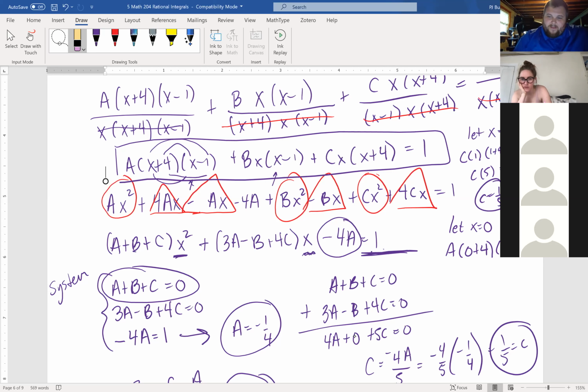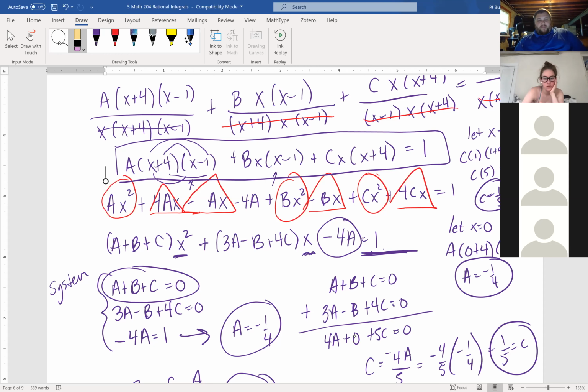So that's going to be negative 4A equals 1, or A equals minus 1/4. And then the last one would be let X equal negative 4. That'll eliminate the A and the C term, and that'll give you B. It'll be 4 times 5. So B is 1/20.